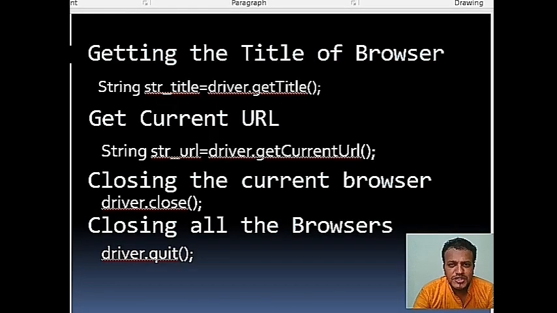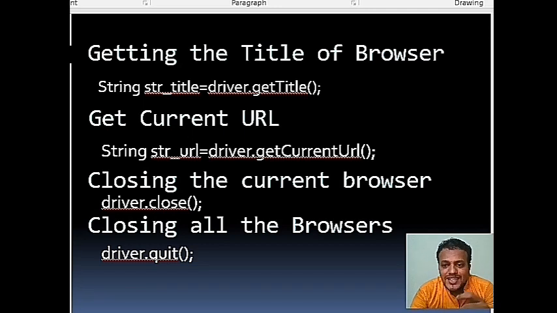Getting the title of the browser. As I said, we have the title at the top of the browser, which needs to be tested or validated against the expected value. To get the title of the browser, you have a method called getTitle, which enables you to get the string of the title of the particular browser page, which is displayed on the top.